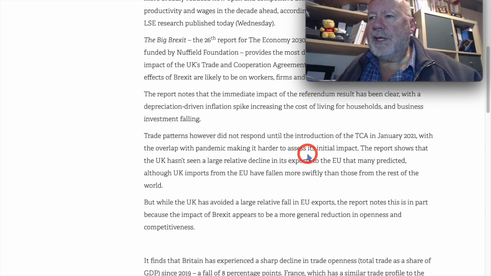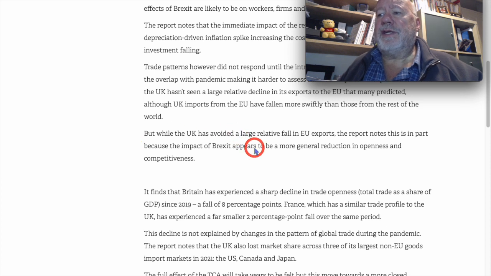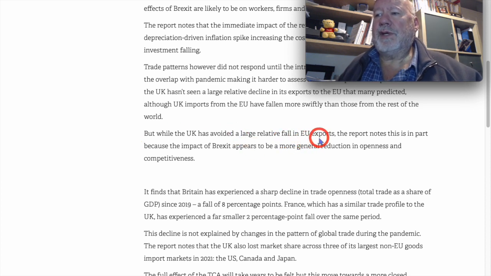And they go down to here. If you look here, it says that the UK has avoided a large relative fall in UK exports, but this is in part because the impact of Brexit appears to be a more general reduction in openness and competitiveness.